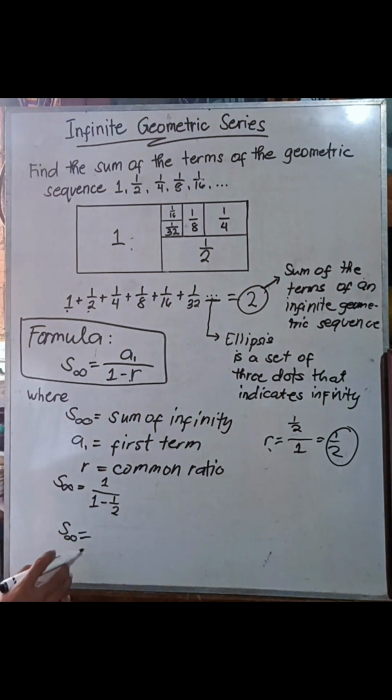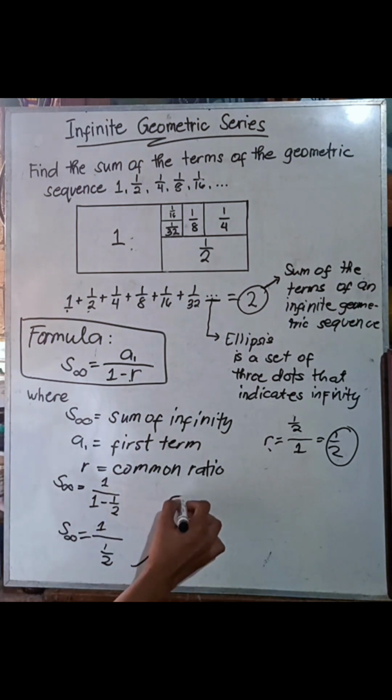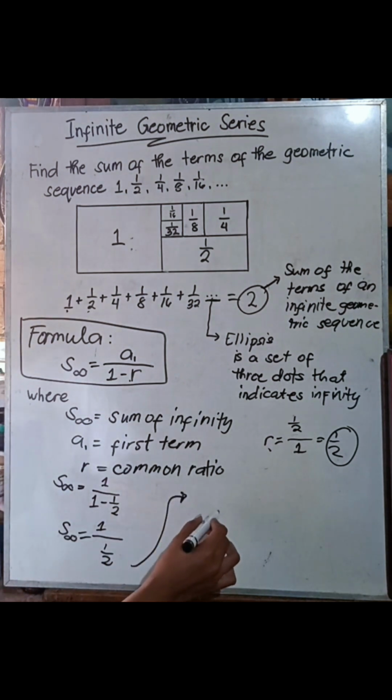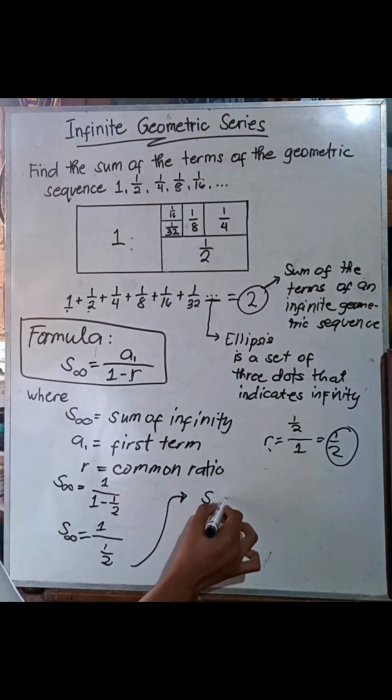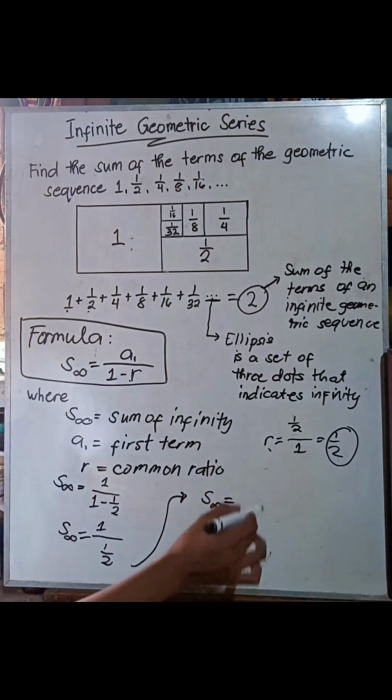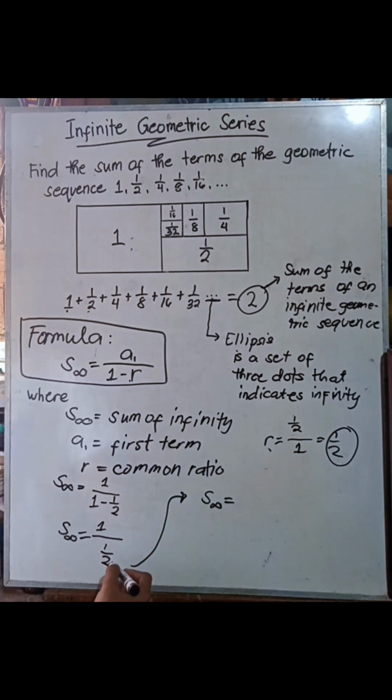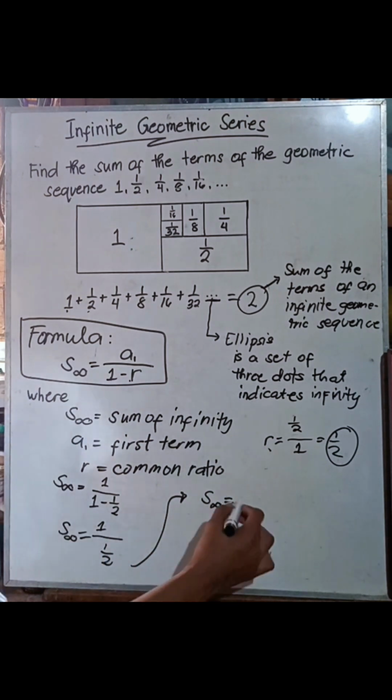Now, let us solve. S sub infinity is equals to 1 over 1 minus 1 half, which is 1 half. Then, next, S sub infinity is equals to 1 divided by 1 half is equals to 2.